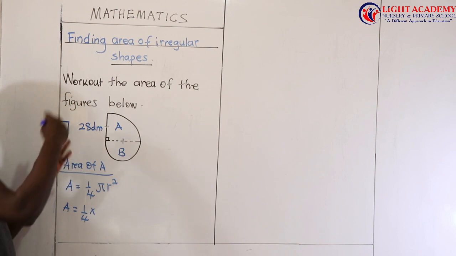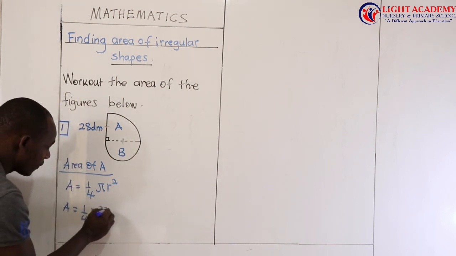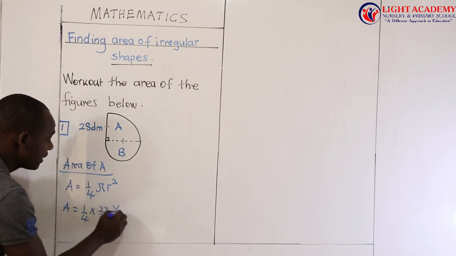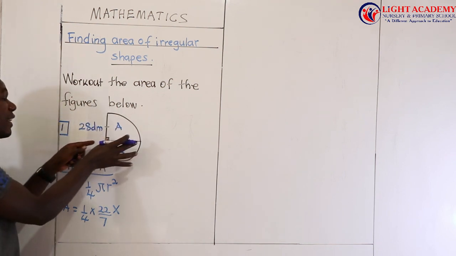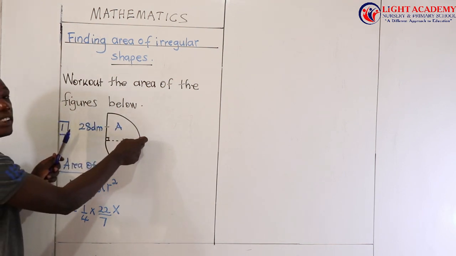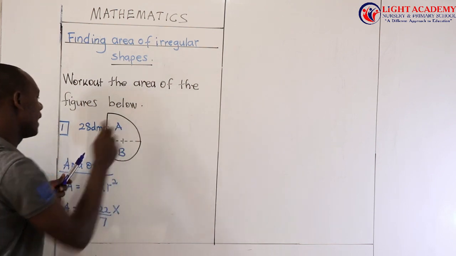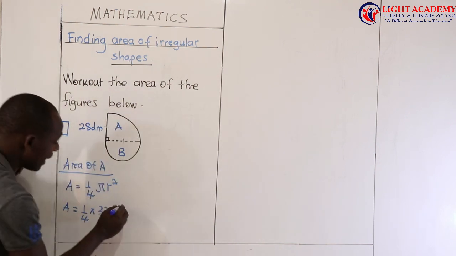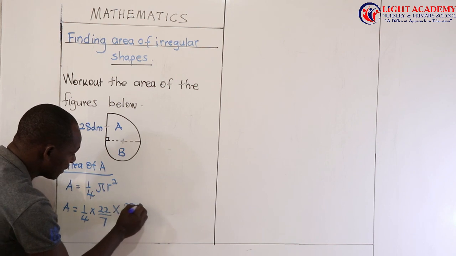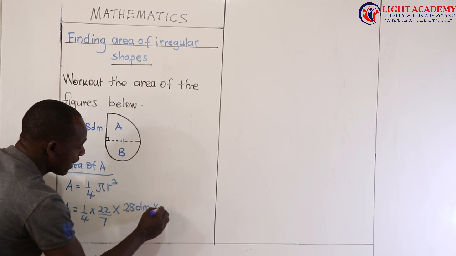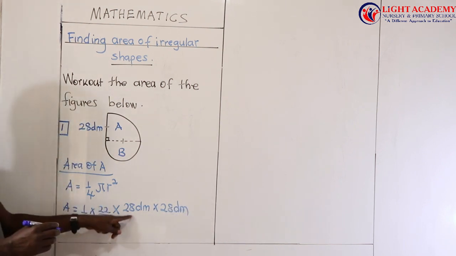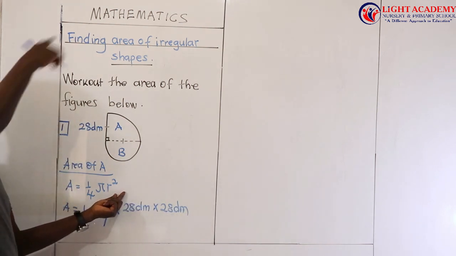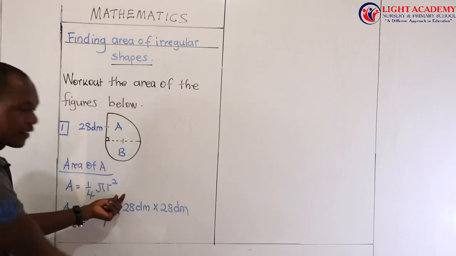In this case, we're going to use a fraction, which is 22 over 7, times the radius. Now we have the radius. The distance from here up here is 28. Even this one from this point to the other point is also 28. So our radius is 28 decimeters times another 28 decimeters. We have multiplied 28 by 28 because they're saying radius squared, which is same as radius times radius.